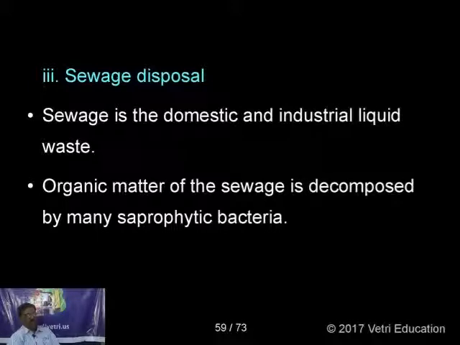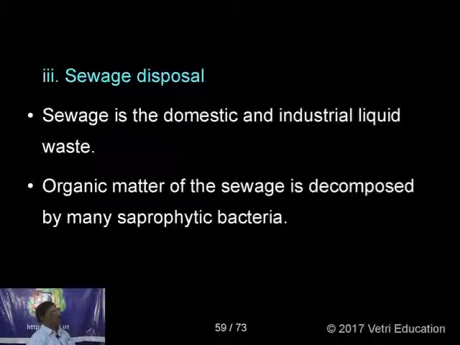Sewage disposal. This is a very tedious problem in developed areas. What is sewage? Sewage is nothing but domestic and industrial liquid waste. So daily we have an enormous amount of liquid waste, which you have to recycle or convert into other products. The organic material of the sewage is decomposed by many saprophytic bacteria. So the sewage disposal process is a combined process of algae and bacteria.